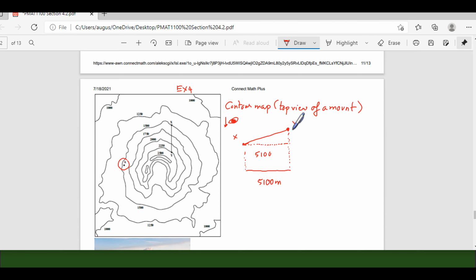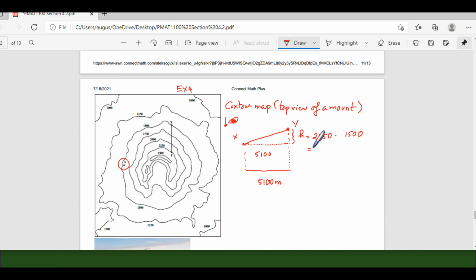You need to find how high the elevation is. Very easy: the height between this top and this top, we just do the subtraction, because point Y is higher. It will be 2250 meters minus 1500, right? Put it into the calculator. So what do you get?